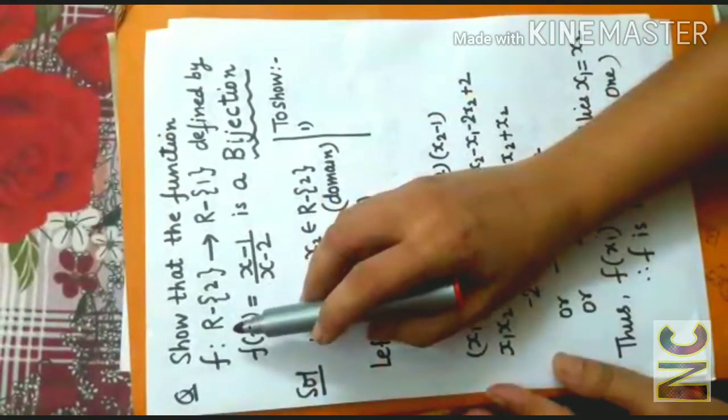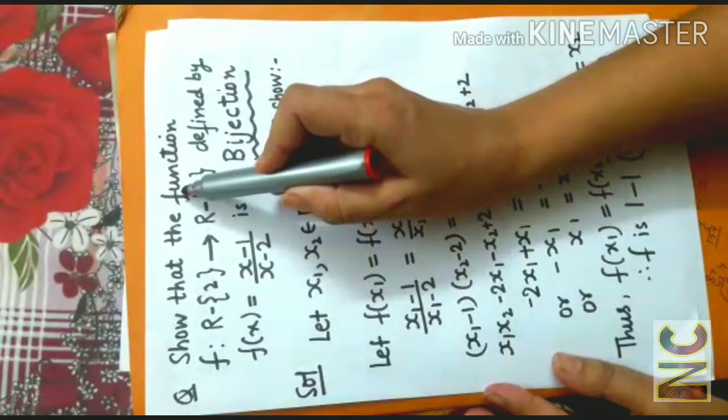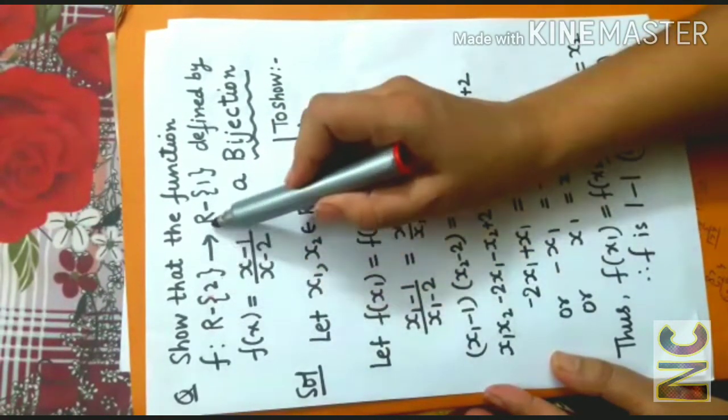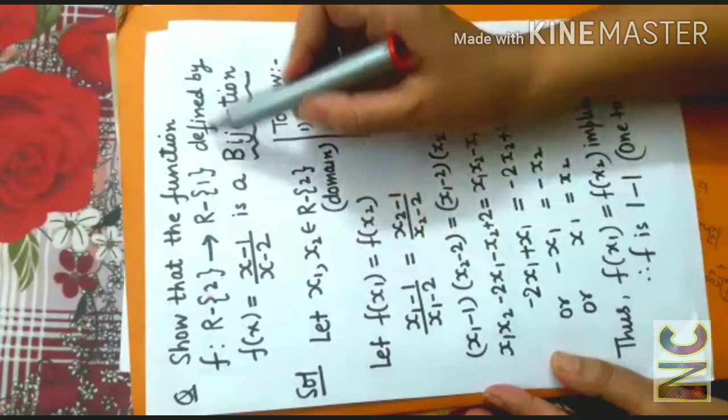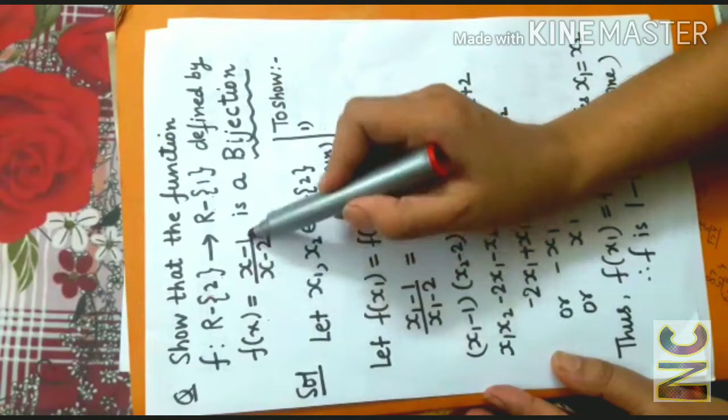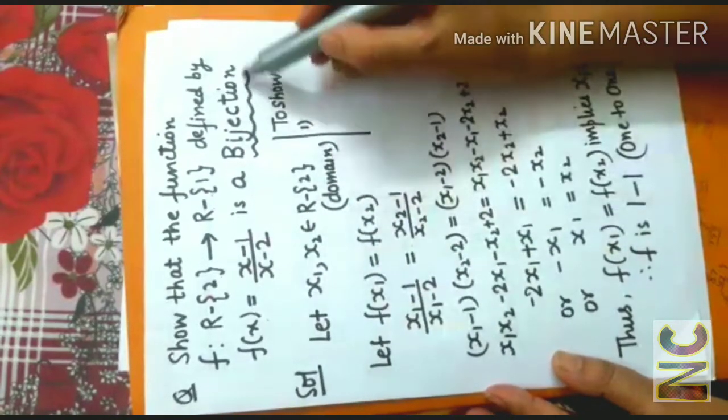Let's take another question. Show that the function f from R minus {2} to R minus {1}, defined by f(x) equals (x minus 1) over (x minus 2), is a bijection.